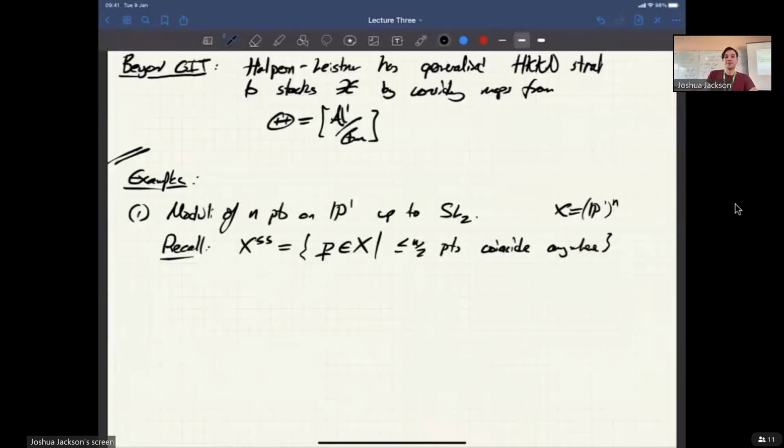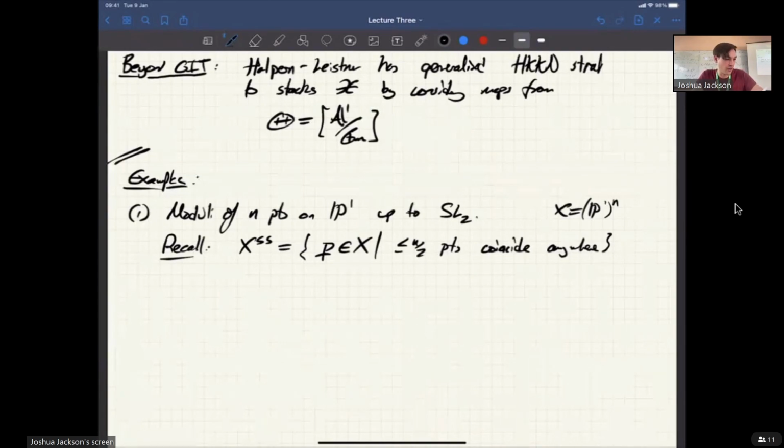So semi-stability is to do with points coinciding. It says that not too many points coincide. So what should the instability stratification, the HKKN stratification, correspond to? Well, it's a measure of instability. So you'd be on the right track if you guess that it has to do with how many points coincide.